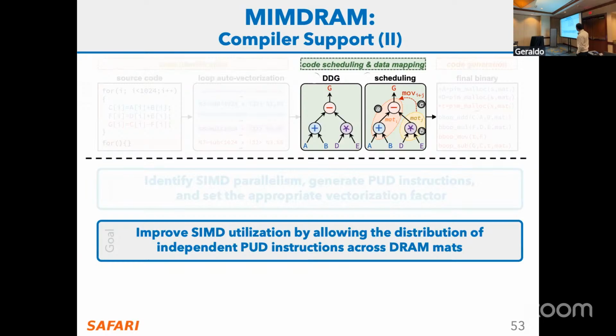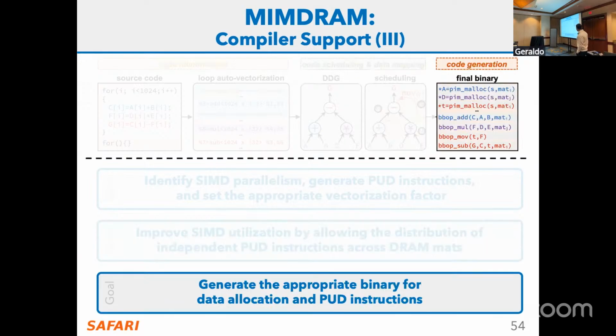Then we use code scheduling and data mapping to add metadata to those vectorizable loops to tell the hardware if that particular loop needs to be executed concurrently inside the same DRAM mat, or can be executed sequentially or concurrently across different DRAM mats in case they are data independent. And the third pass is for code generation. We modify the x86 backend to generate those PIM instructions in the application binary.